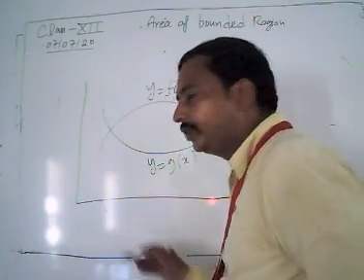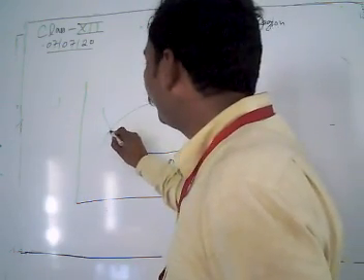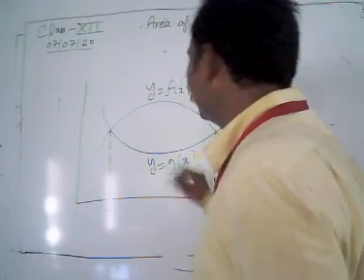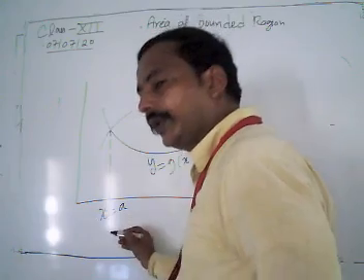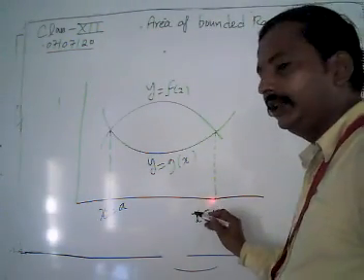We want to find the area between these two intersecting curves. First of all, we find the intersection points of these curves. Suppose this intersection point is x equal to a, and this one is x equal to b.